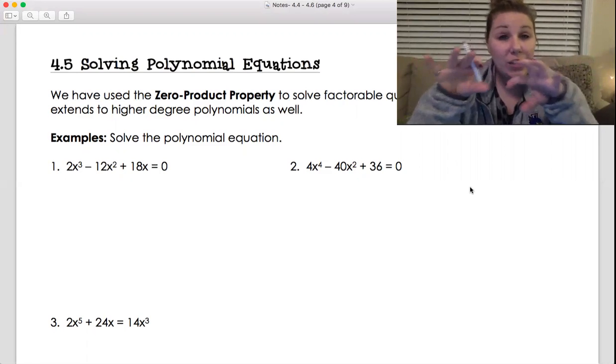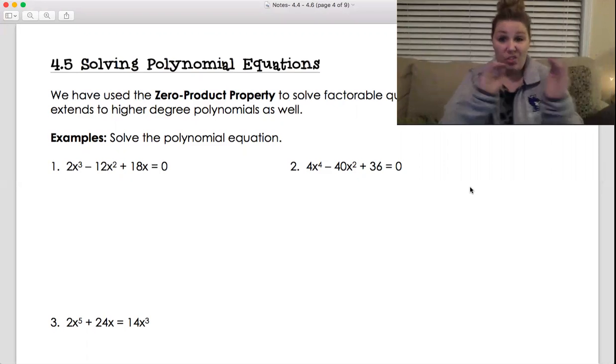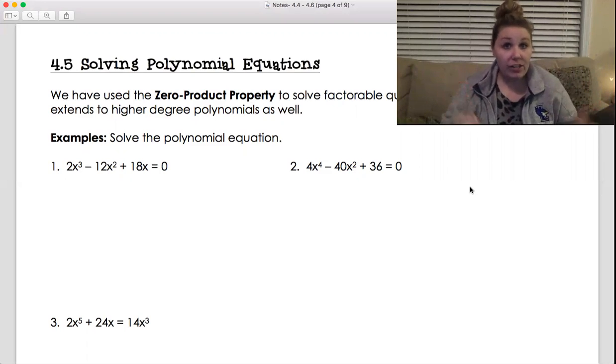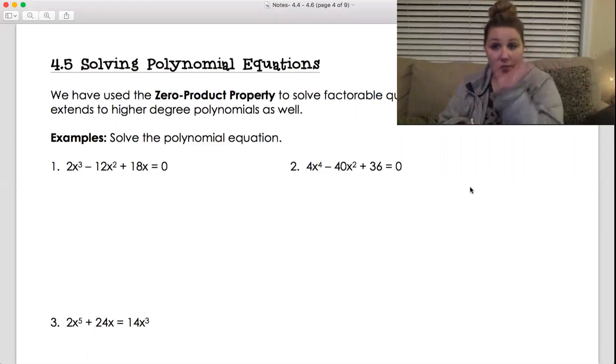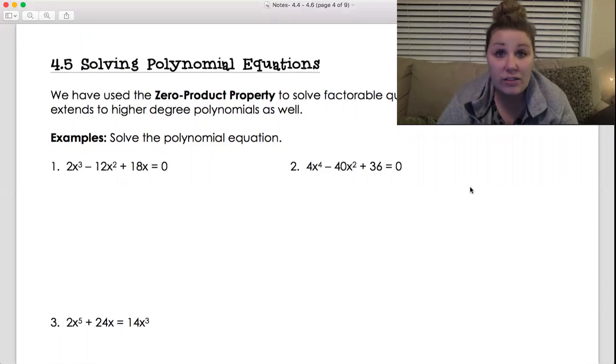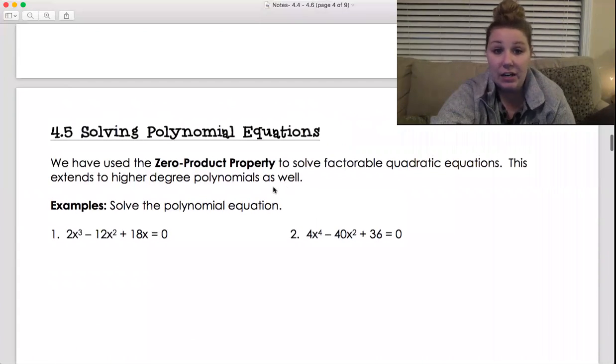And so we only had 2 factors in that case, but now as we've seen with polynomials, you might have 3 or 4 factors. But the idea is the same. If you have 4 factors, you set all 4 of the factors equal to 0 and you'll get 4 different solutions. So that is what we're going to try. And so that's this idea here of the 0 product property, which we've done before.